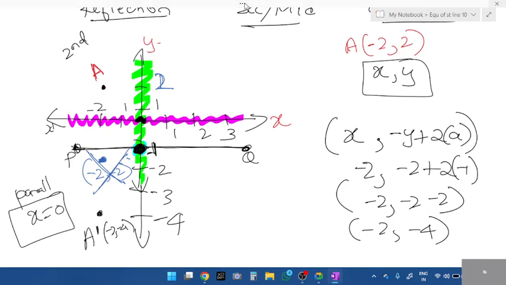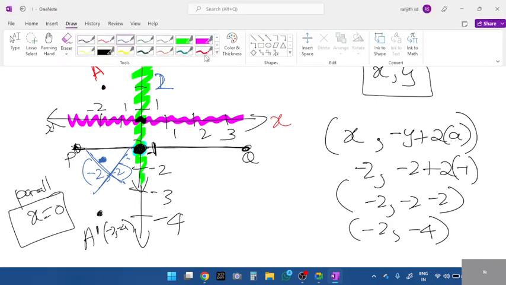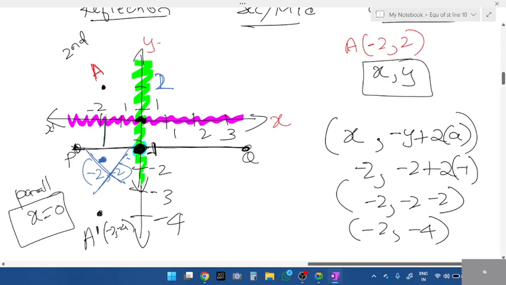Look, the distance should be equal. From the mirror to this, whatever distance arrow I have drawn, from there to this distance, it should be equal. This is the concept of reflection.